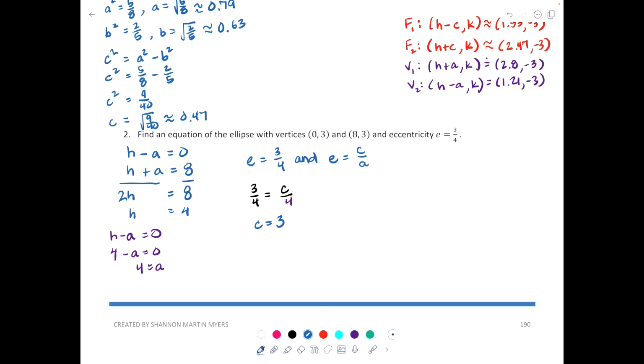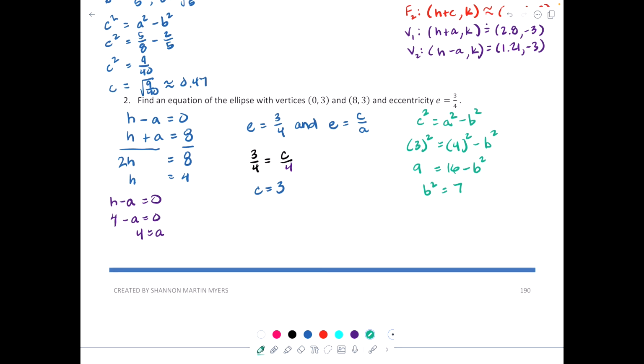And now we can find B. So C squared equals A squared minus B squared. We found that C was 3 and A was 4. So plugging those in, we'll have 9 is 16 minus B squared. With a little algebra, we get B squared is 7. And that's all we need. We don't need to square root it because we just need to write the equation of the ellipse.